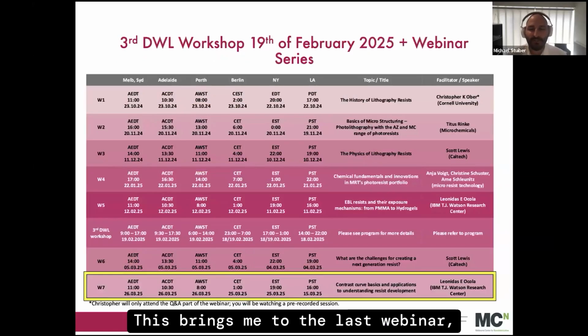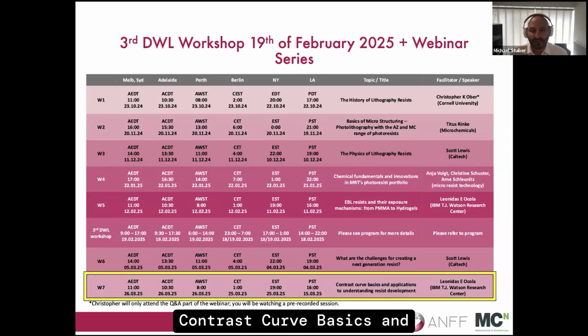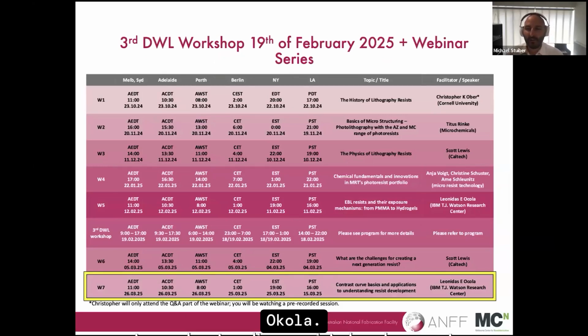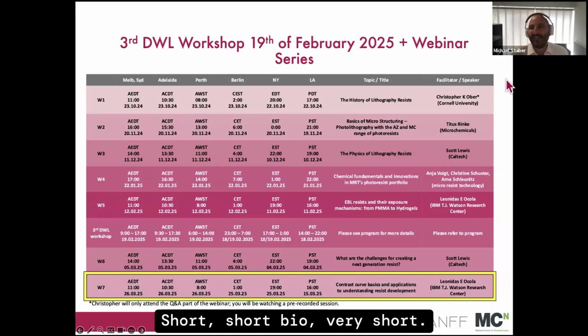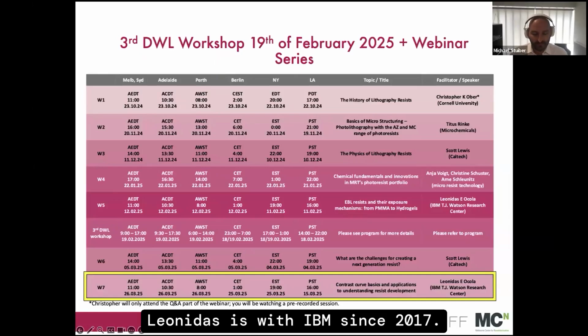Well, this brings me to the last webinar, Contrast Curve Basics and Applications to Understanding Resist Development by Leonidas Ocola. Short bio, very short. Leonidas has been with IBM since 2017. Before, he was a member of the University of Chicago.